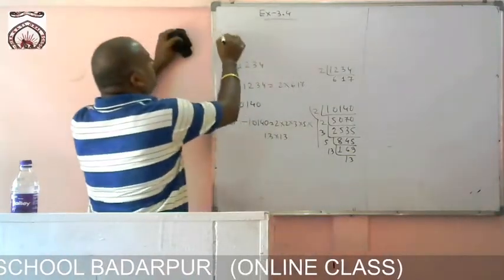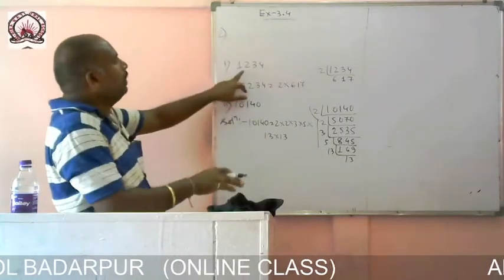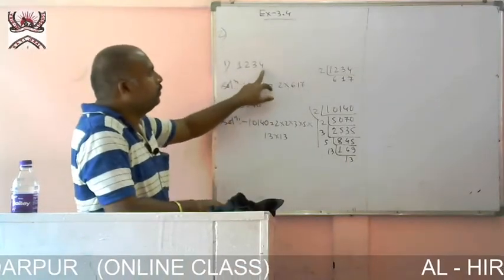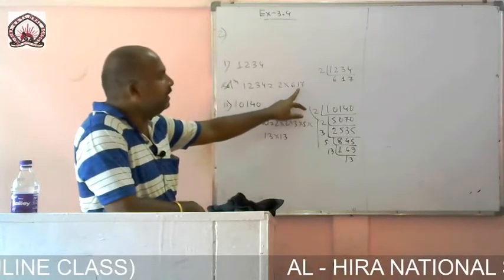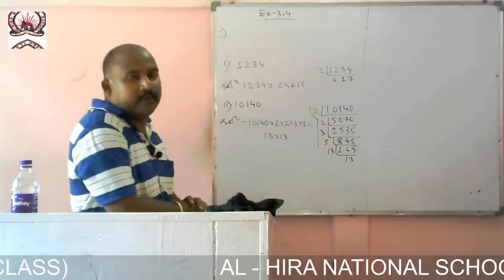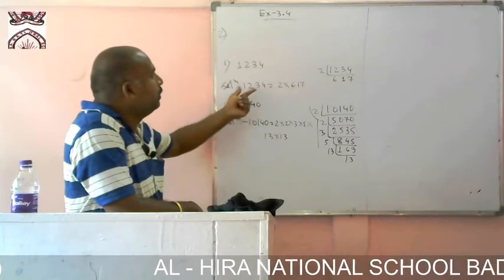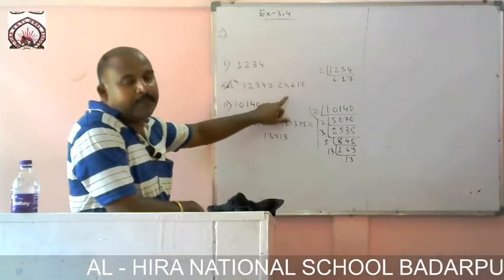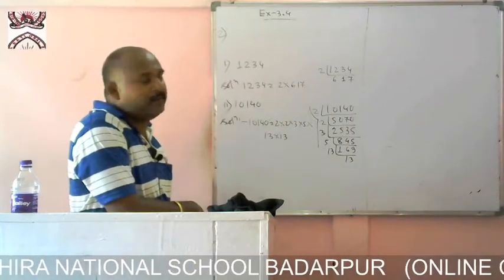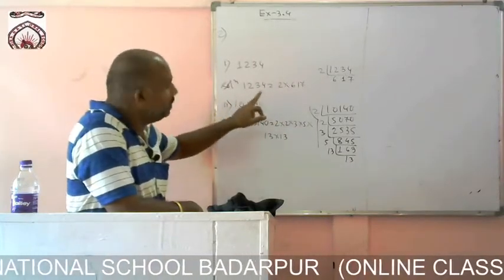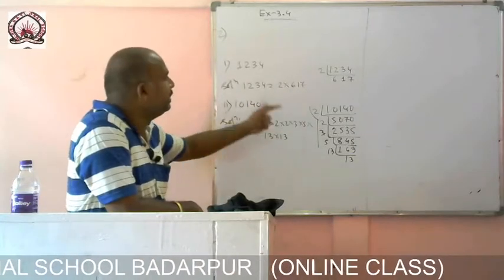For question number 2, take 1234. We get the factors 2 and 617. Is it a prime number or a composite number? This number is composite, because it has the factors 1, 2, 617 and itself.